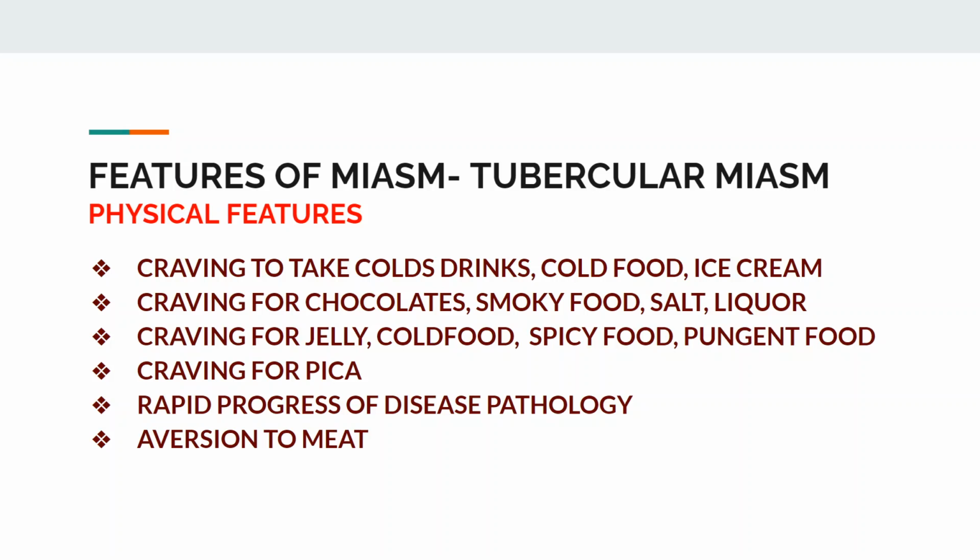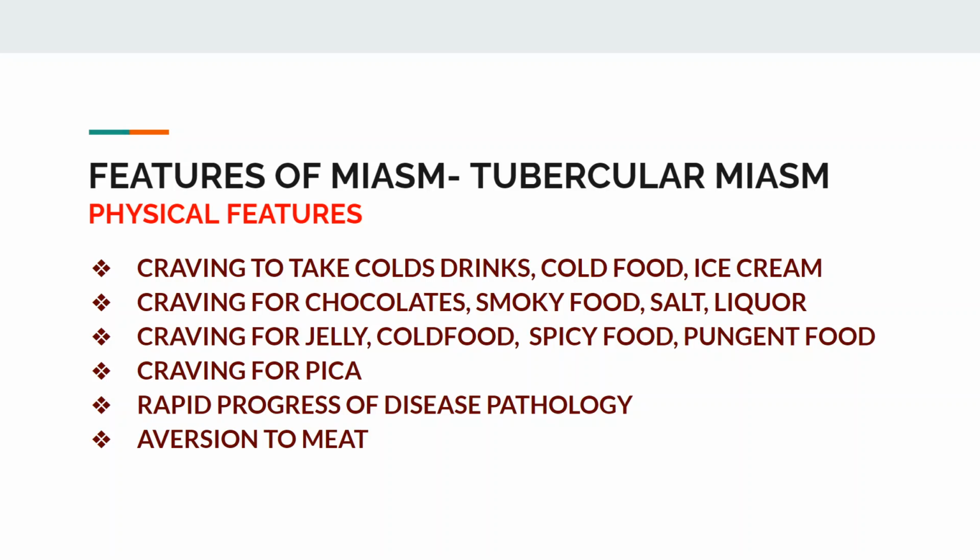So what are further physical features of tubercular miasm? Craving for cold drinks, cold food and ice cream. Craving for chocolates, smoky food, salt and liquor. Craving for jelly, cold food, spicy food, pungent food and also fried food. Craving for pica, that is indigestible things.